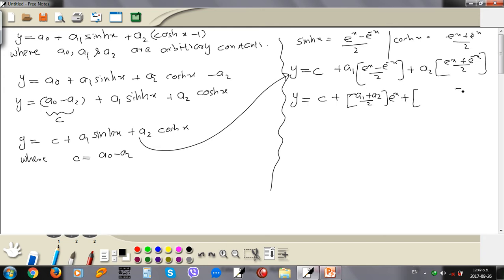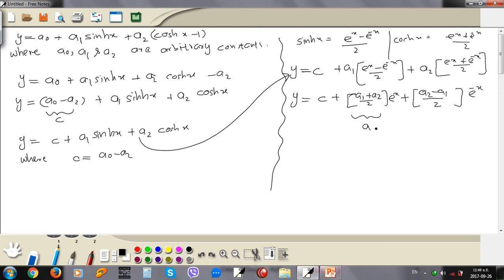Then e to the power minus x we can take out from the brackets, which has minus a1 over 2 and a2 over 2.